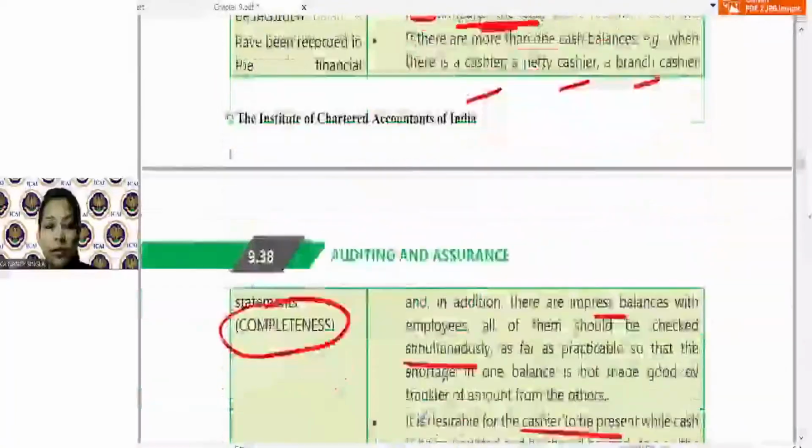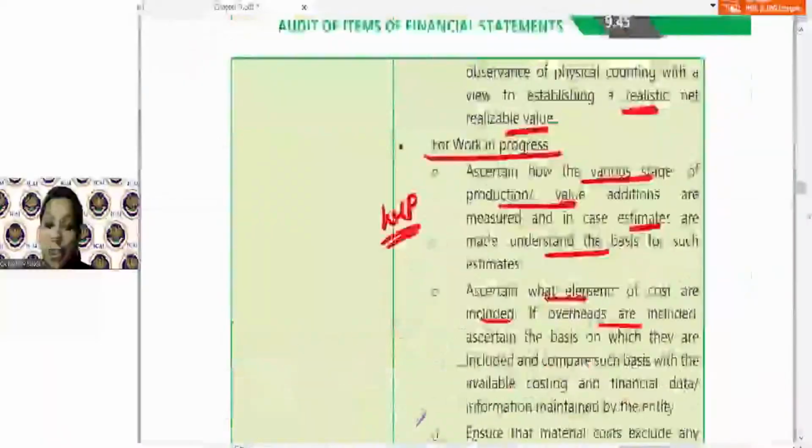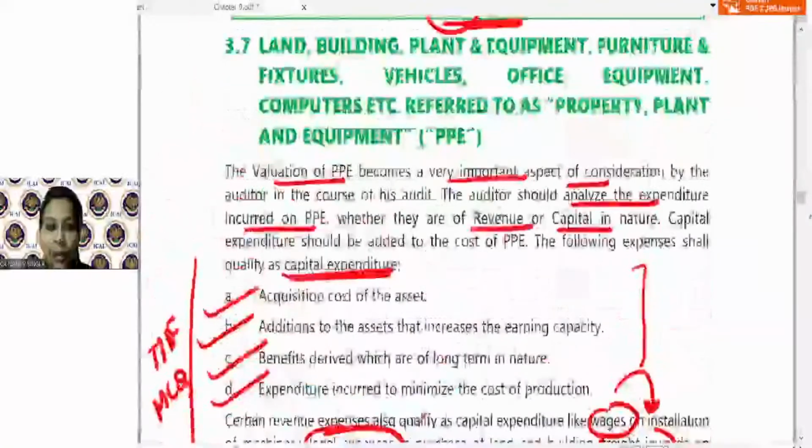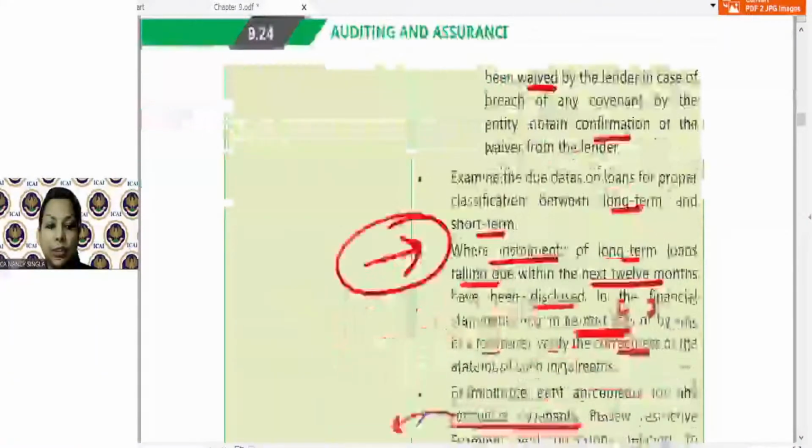just a minute, with respect to your property, plant and equipment, which we have already covered in the last sessions. I'll just show it to you. ठीक है. So property, plant and equipment. So these are again what your, just a minute.